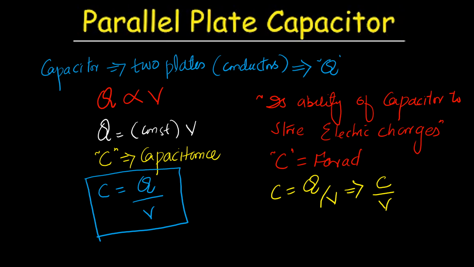So the SI unit for capacitance is coulomb per volt, and it is also written as farad. So the unit of capacitance of a capacitor is farad.